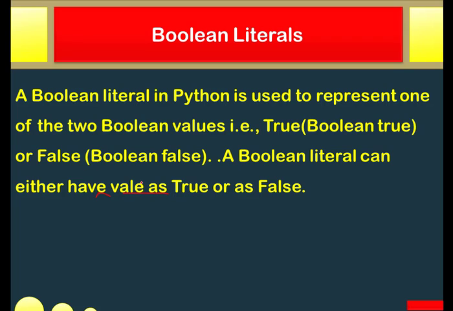So Boolean literals are two values, either true or false, anyone. It cannot be both true and false.